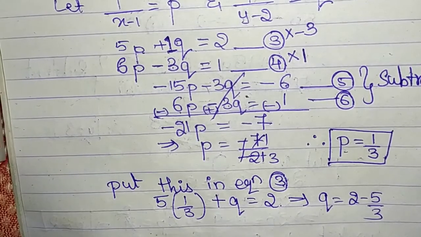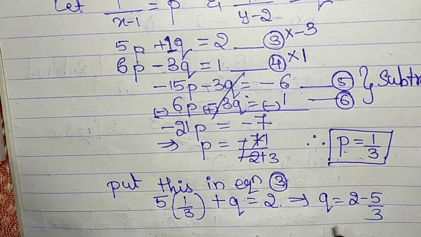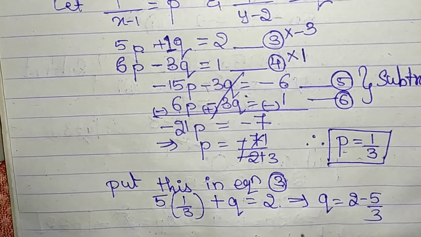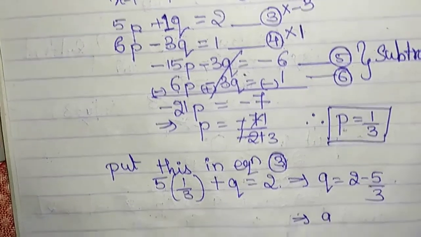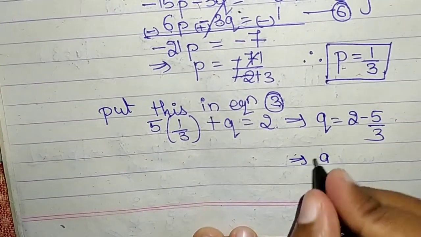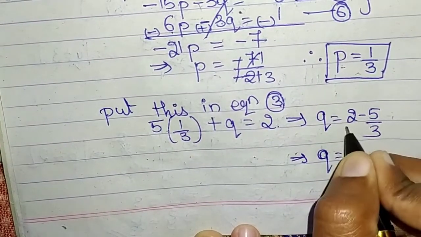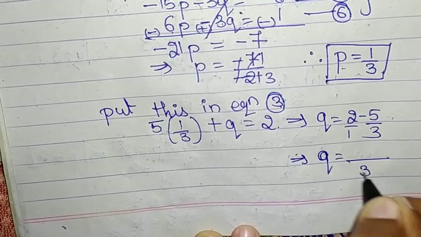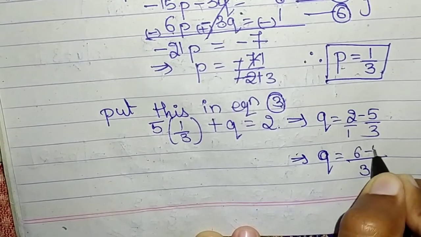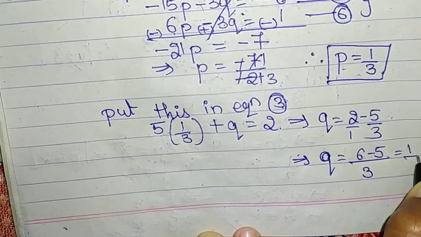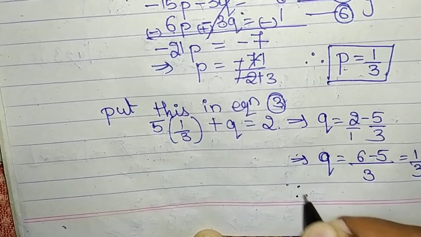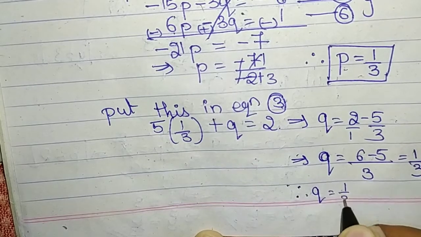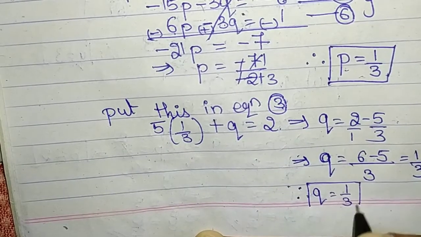On transposing, I get q is equal to 2 minus 5 by 3. Taking the LCM and simplifying, LCM is 3. 3 twos are 6 minus 5, which is nothing but 1 by 3. Therefore, q is equal to 1 by 3. Both values of p and q are 1 by 3.